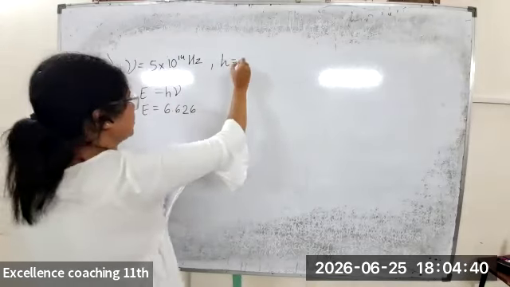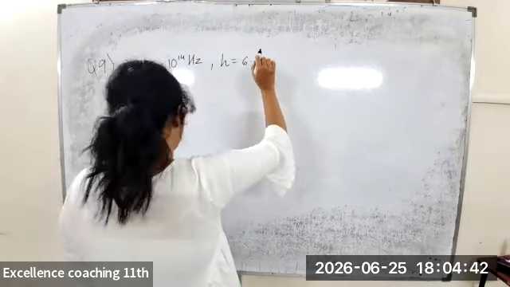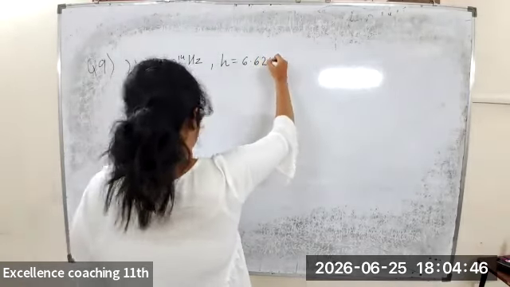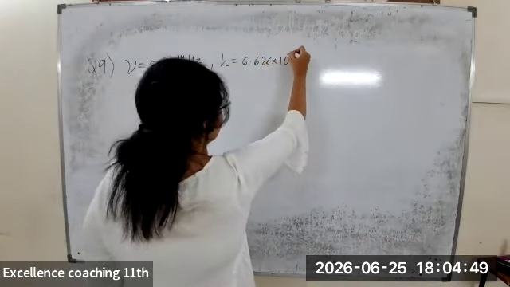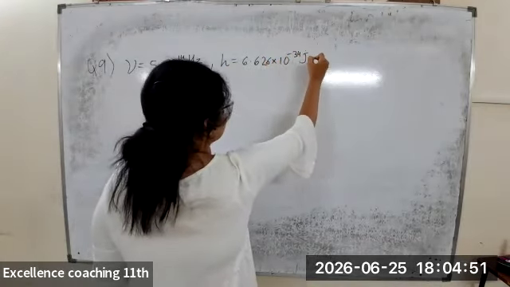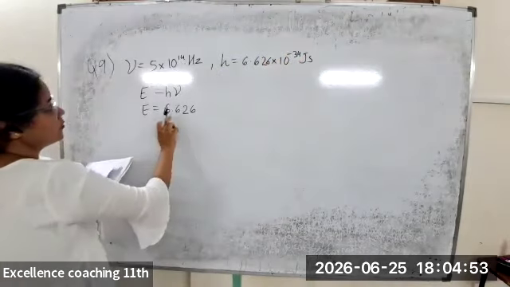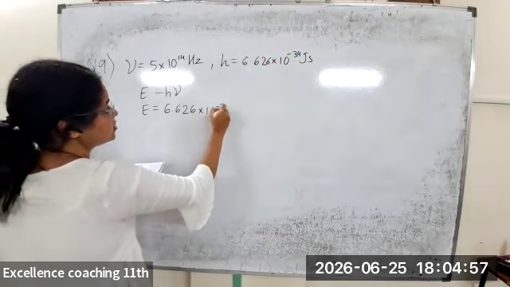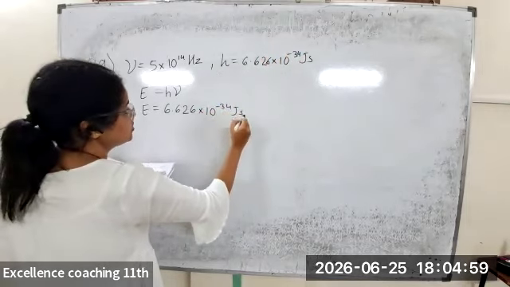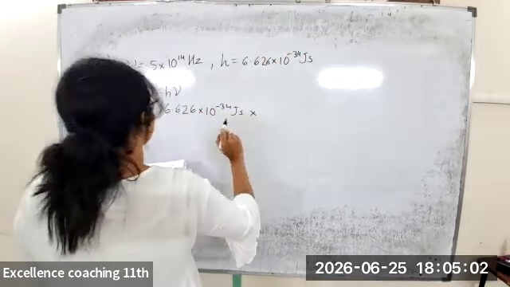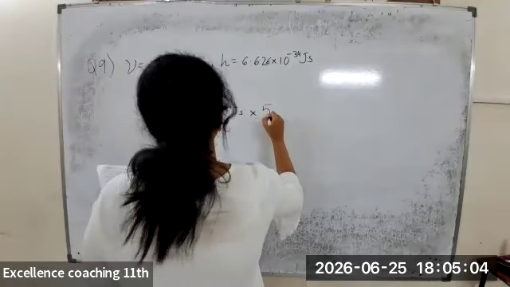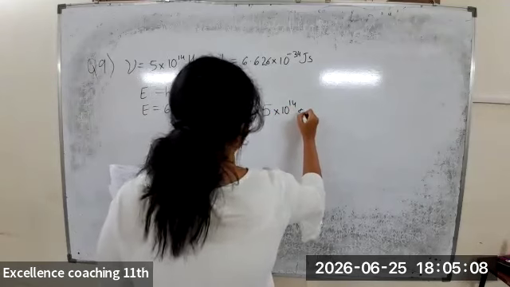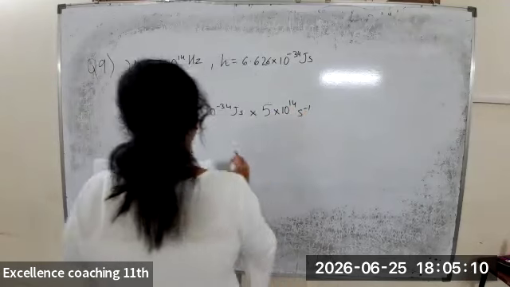H will be provided at the start of your question paper or the question where you're given this particular concept: 6.626 into 10 raised to minus 34 joules second. So H is 6.626 into 10 raised to minus 34 joules second multiplied by 5 into 10 raised to 14 hertz. I can also write it in terms of second inverse.